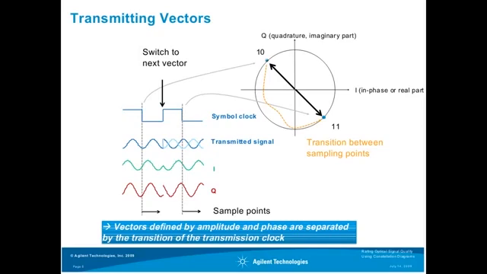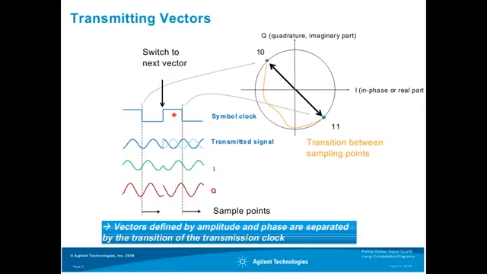At the next falling edge of the clock, the vector must have this position, namely the same amplitude, as we can see here, but a different phase. In this case, just an opposite phase of 180 degrees. And you can see that in between the symbol clocks, there's the switch between the original phase and the phase of the next vector that has to be transmitted.